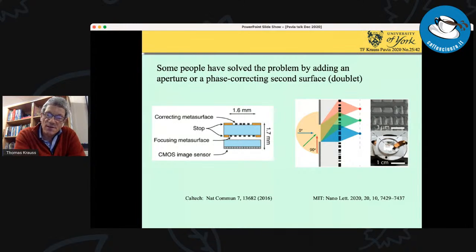But as you notice, the ray picture on the right tells you that you only use a limited fraction of the metasurface. So you really reduce light throughput, and that clearly is not desirable. It works, but it severely reduces throughput, and it's much more complicated, having to work on two surfaces. So we wanted to see whether we can do all this on one surface.